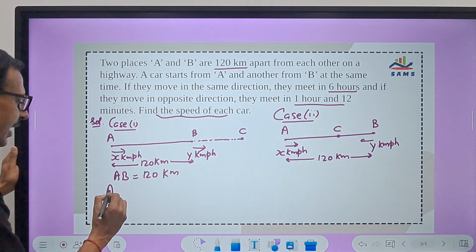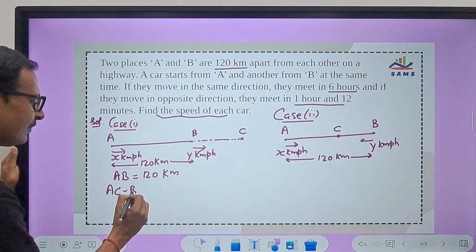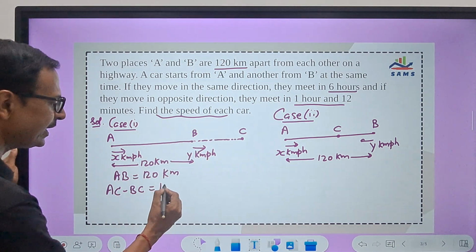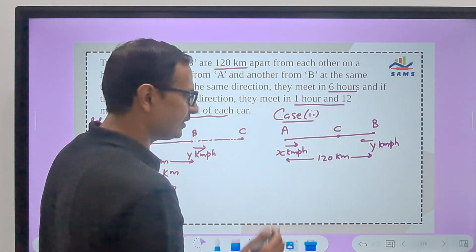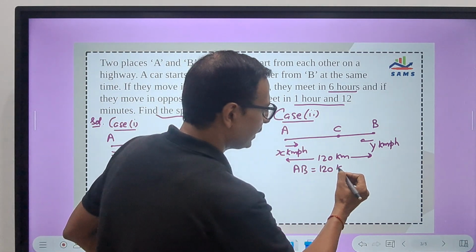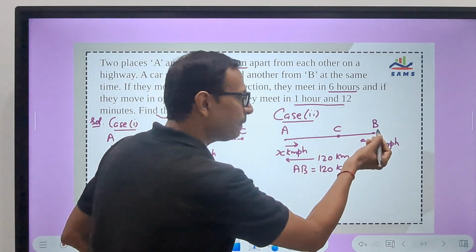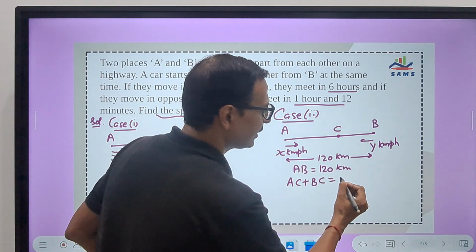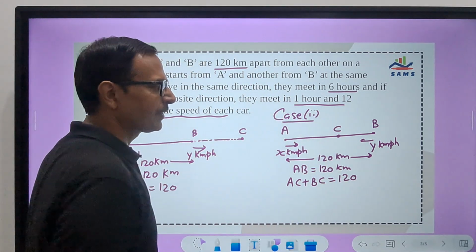If I write AC minus BC, it gives me AB only. You can check in the figure. In the other case, AC plus BC is 120.